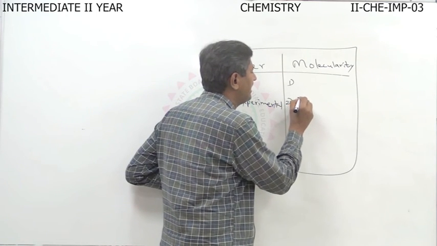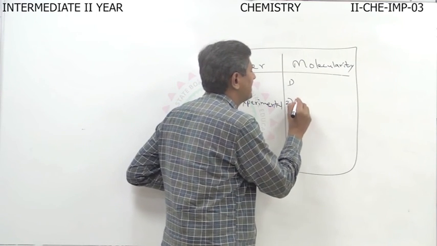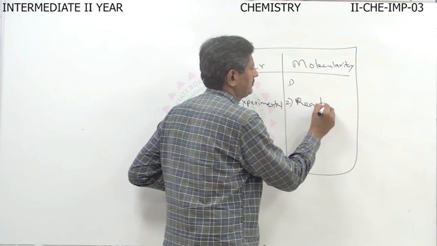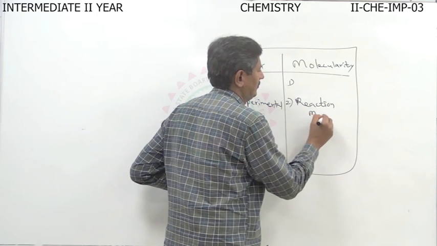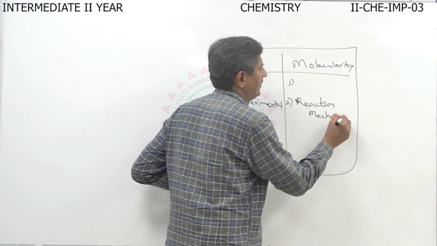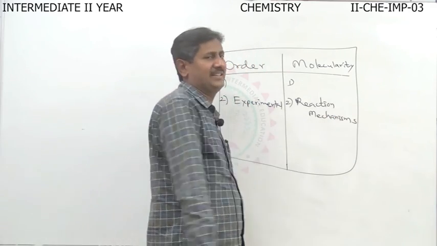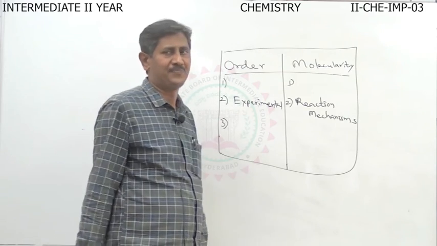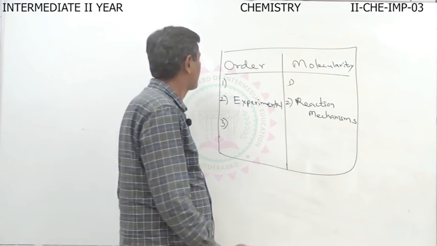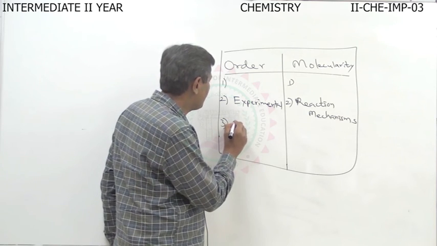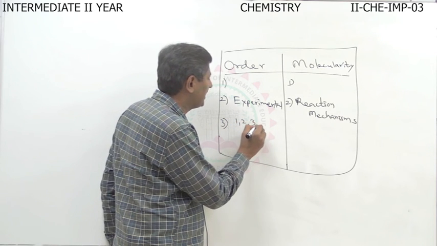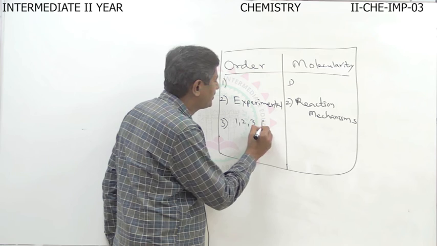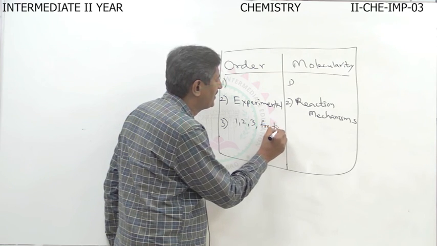Molecularity is decided theoretically by reaction mechanisms. And third, the values of order may be 1, 2, 3, fractions and even 0.